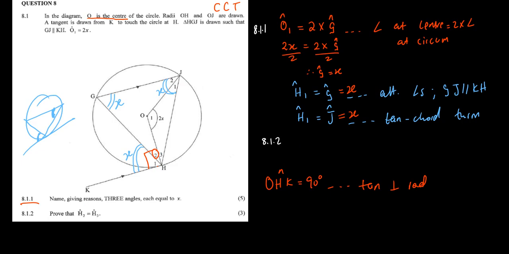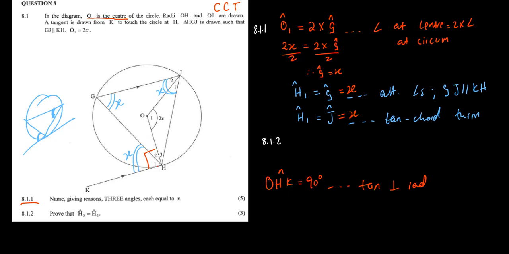This is the one. We want to prove that it's equal to H3. Another way that they can phrase this question is to say, prove that OH bisects GHJ. Meaning that OH cuts this angle into 2 such that this one and that one would be equal. So that's what we need to prove.